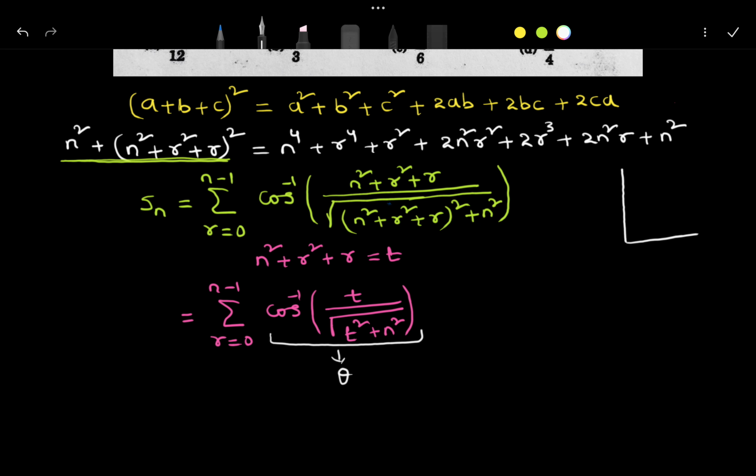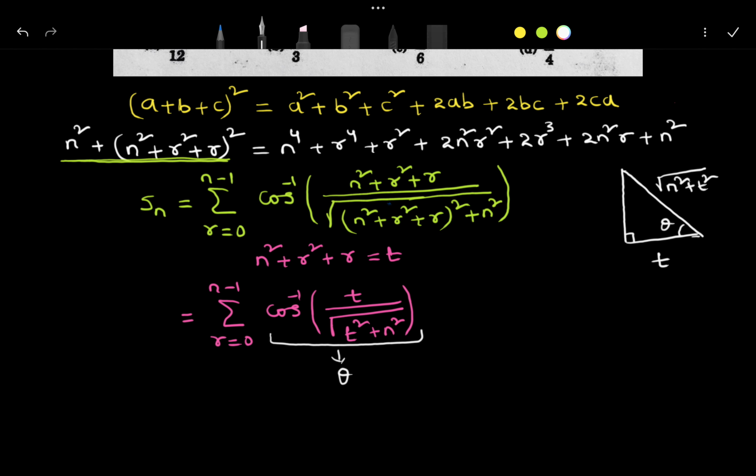In the right angle triangle, this angle is theta. You know the cos ratio is adjacent side by hypotenuse. The adjacent side is t. The hypotenuse is the square root of n² + t².